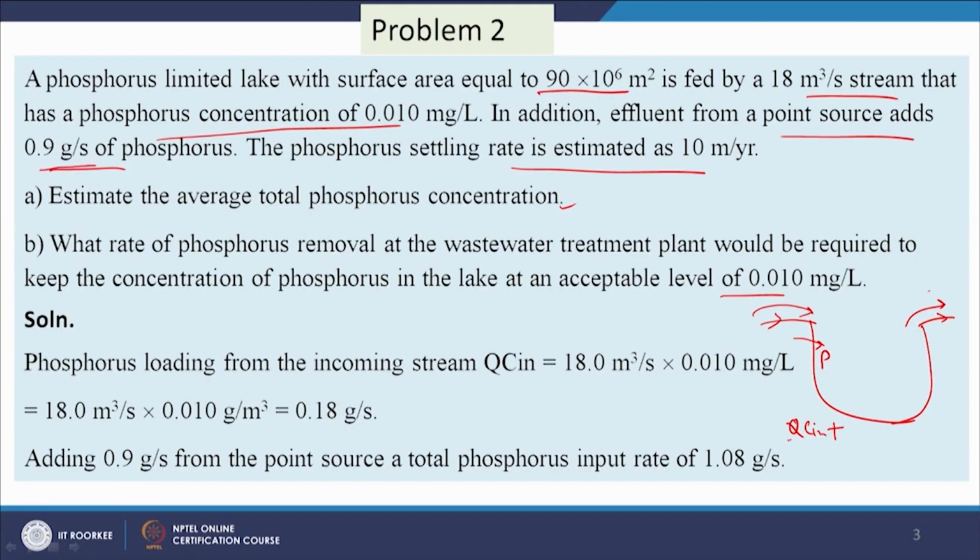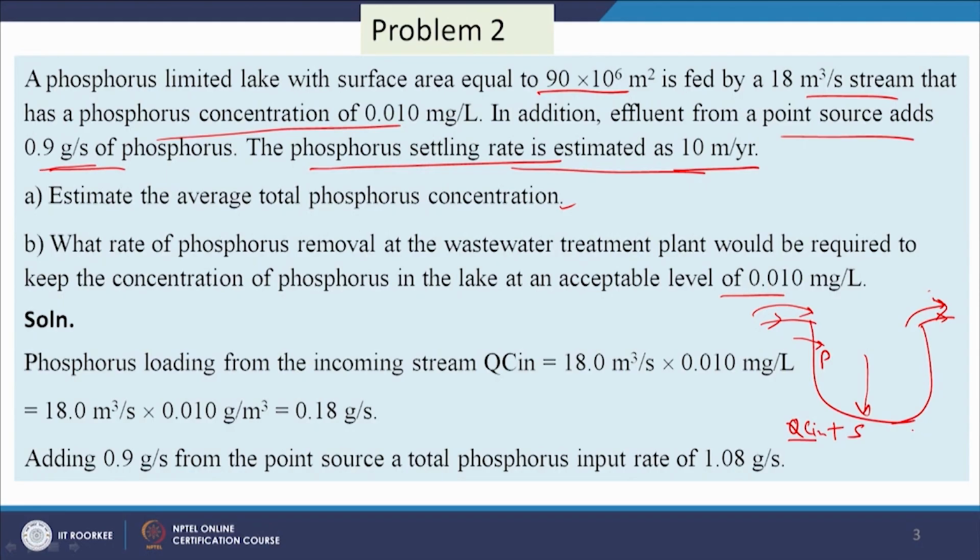This is also in mass unit, so we can directly put S corresponding to the phosphorus. It is also given that the phosphorus is settled here and the settling rate is 10 meter per year. So, we have to calculate the settling rate.